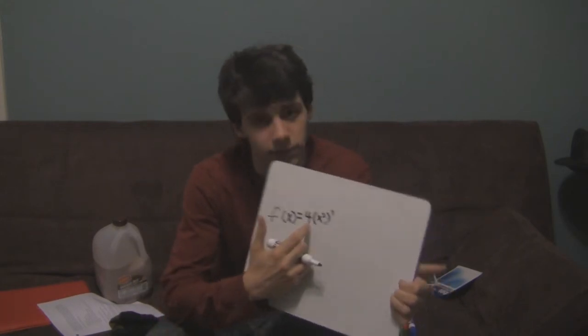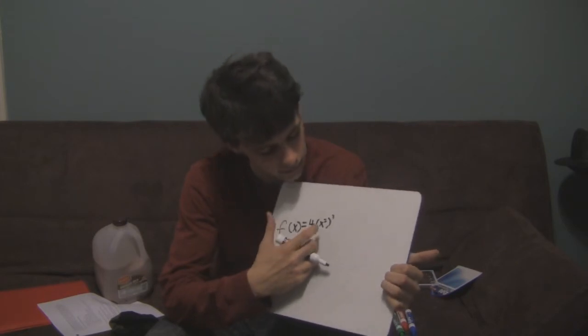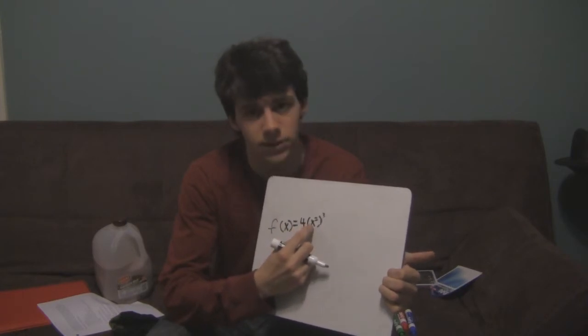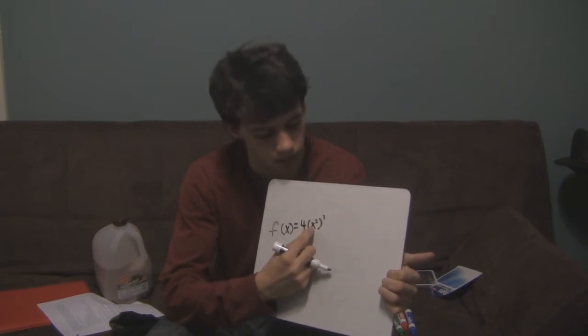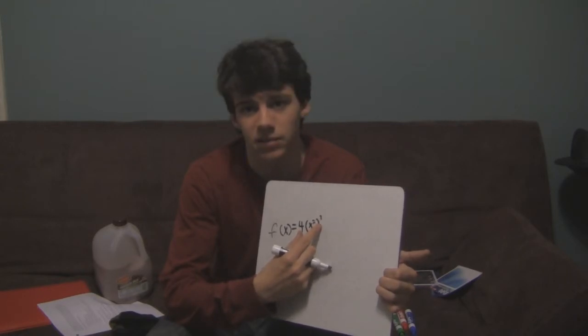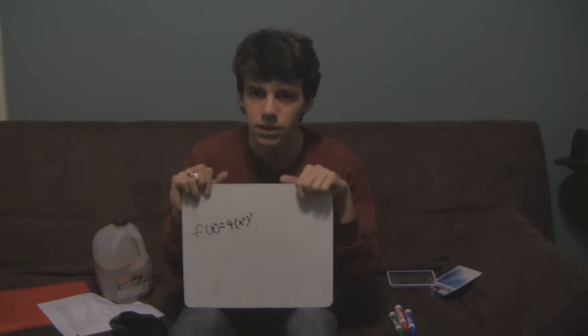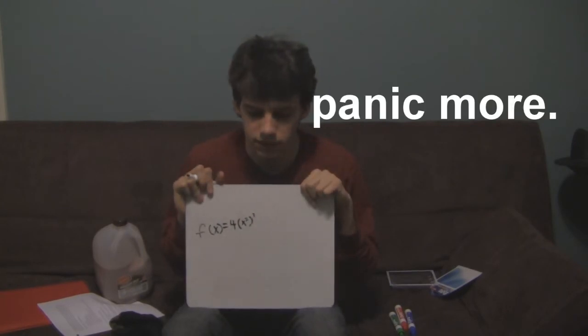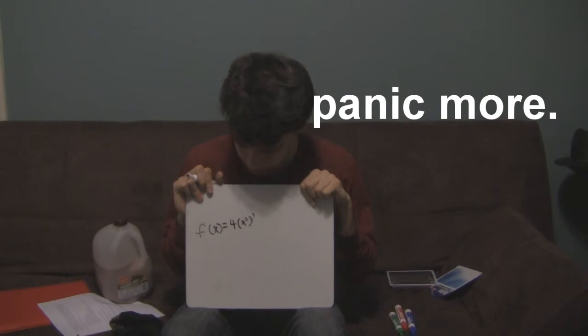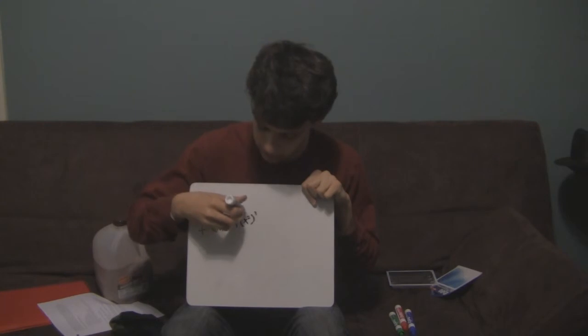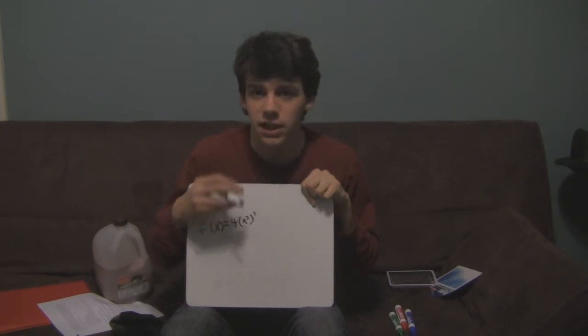This right here, where it's 4 times x squared, cubed, you have a function which is x squared inside of a function which is 4 times x cubed. That's when you need to use a chain rule, okay? What you do is you figure out what your inside function is, which in this case is x squared, and you don't touch it.